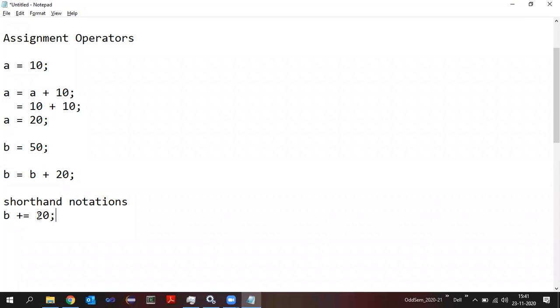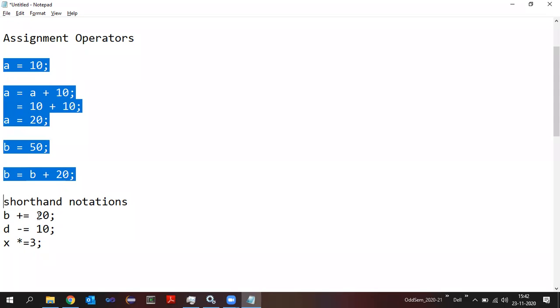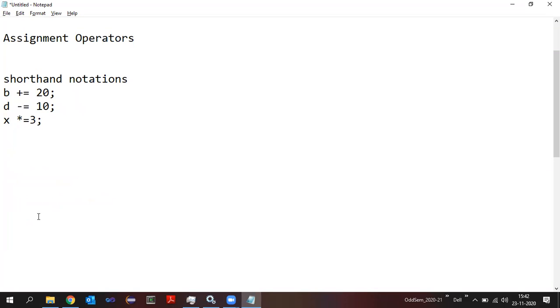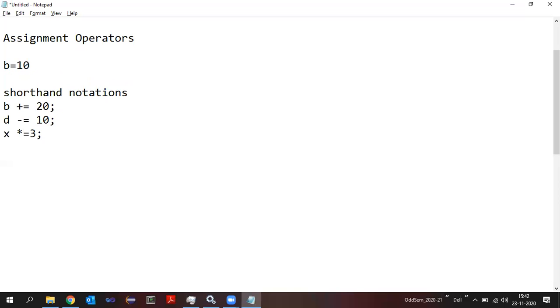Now, I will give another example, then I will explain it. D minus equals to 10. Let's say one more example: X into equals to 3. Let us assume some values first: B equals to 10, D equals to 50, and X equals to 4.